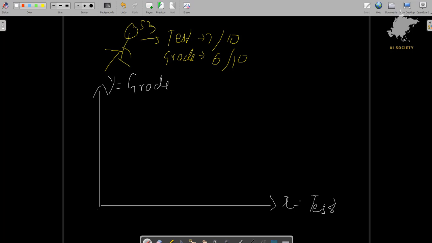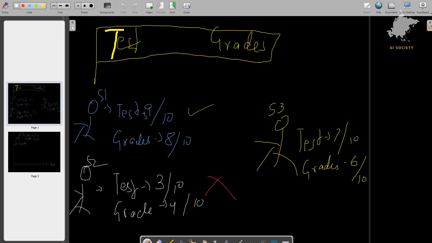According to the previous data, 9 and 8, let's try to plot this one.